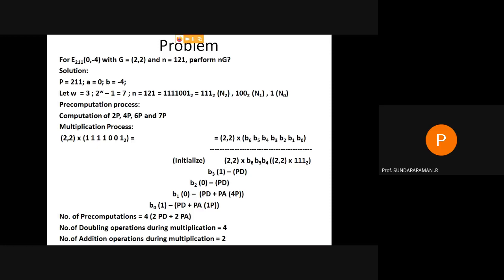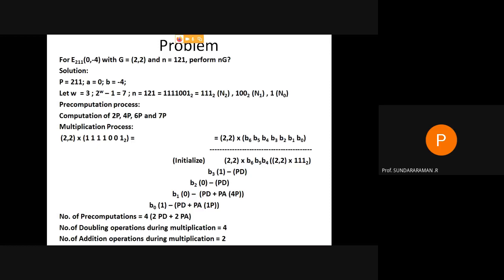But if you add zeros as a prefix, before the 1, it doesn't change the value. So 1 can be chosen as such, right? So n2, n1, n0: n2 equal to 111, n1 equal to 100, and n0 is equal to 1. Wherein n2 and n1 take 3 bits each, with n0 taking only 1 bit.